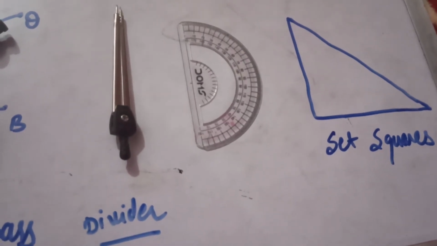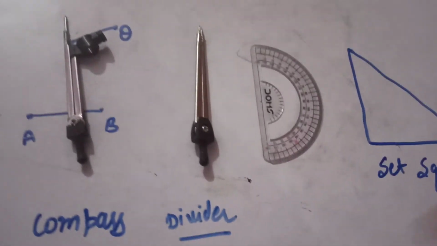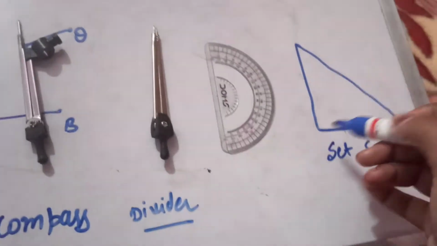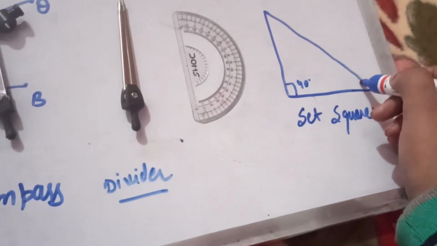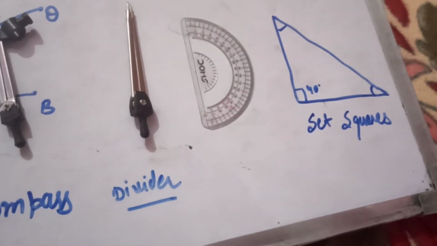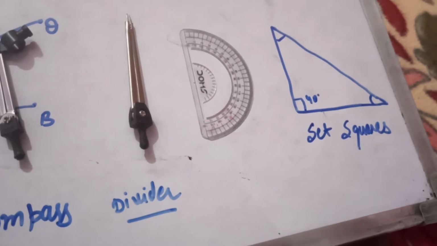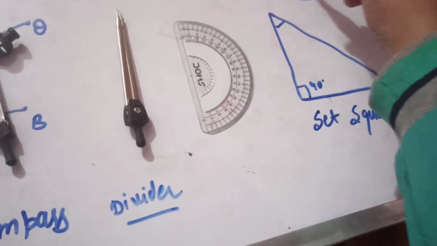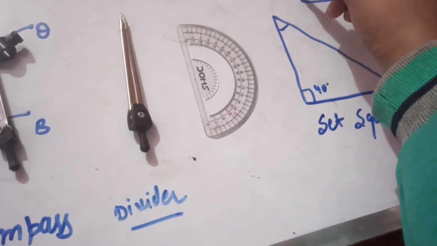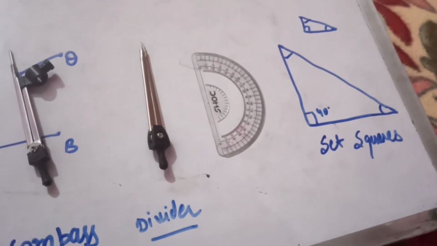The angles at the vertices of one of them are 90 degree, this one is 90 degree and these are 45 degree, respectively, and the angles at the vertices of the other, the second set, are 90 degree, 60 degree and 30 degree.